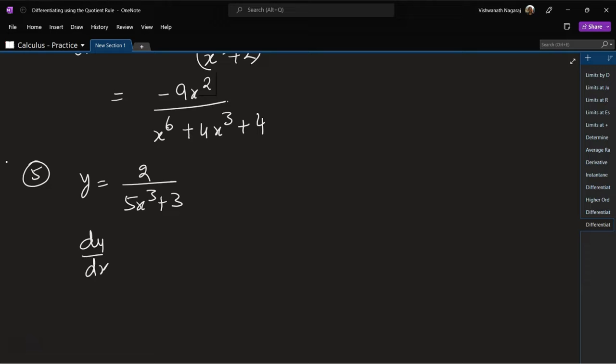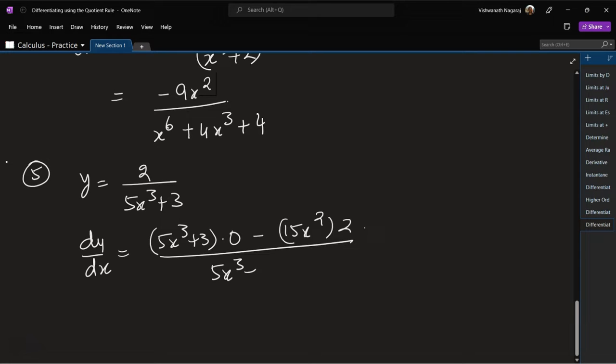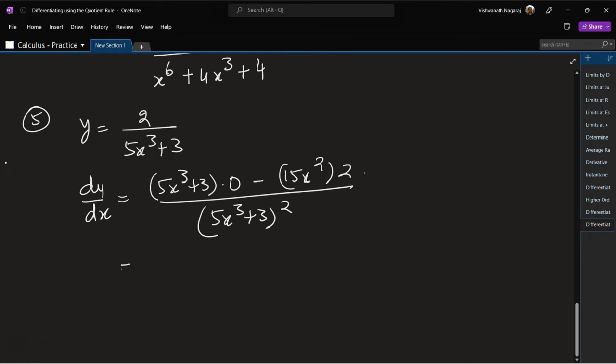So dy by dx is equal to 5x cube plus 3 times 0 minus 15x square times 2 divided by 5x cube plus 3 square, which gives us minus 30x square divided by 25x to the power of 6 plus 5 threes are 15, 2 fives are 10, 30x cube plus 9.